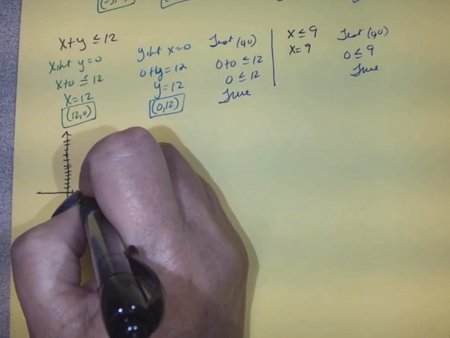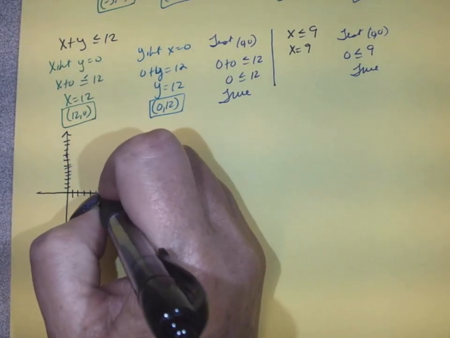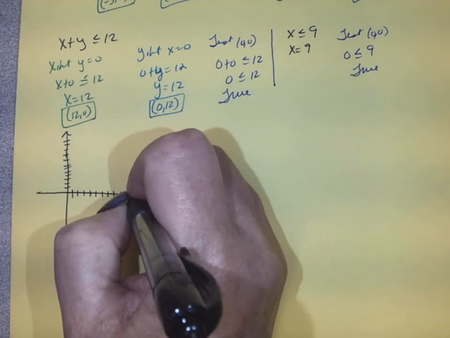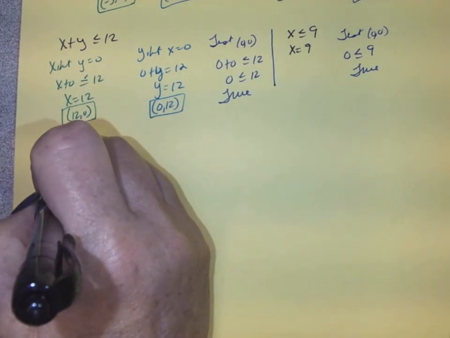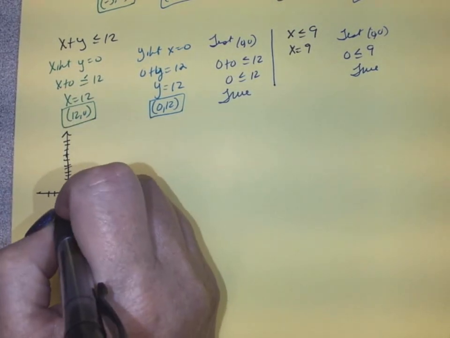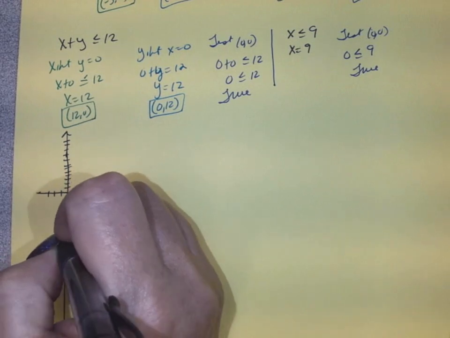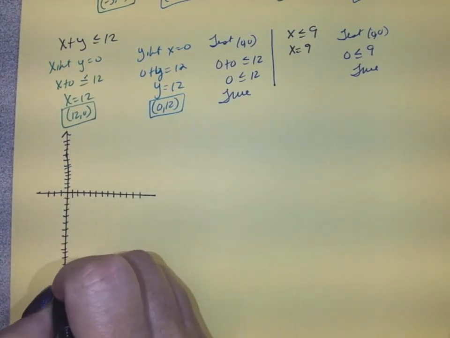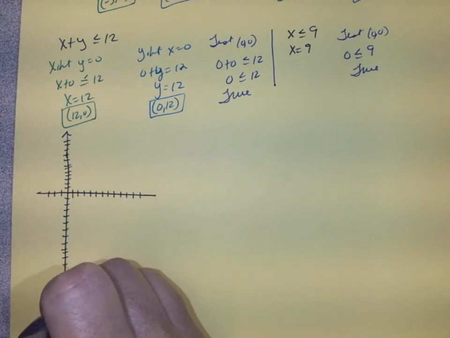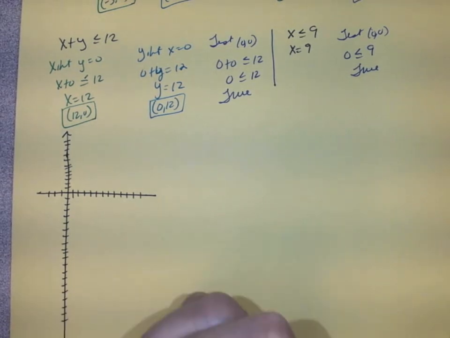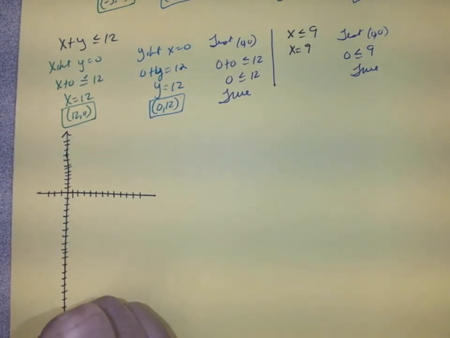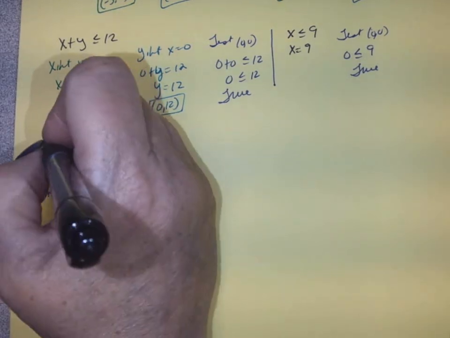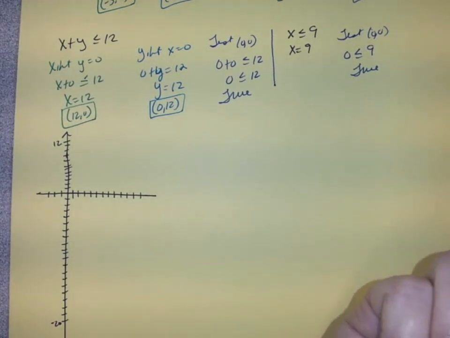1, 2, 3, 4, 5, 6, 7, 8, 9, 10, 11, 12. Then down through 20. So we've got negative 20 down here. We've got positive 12.